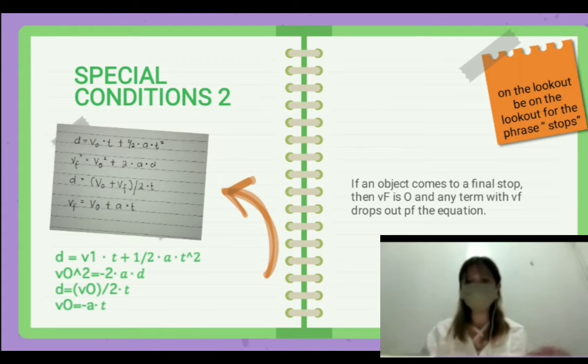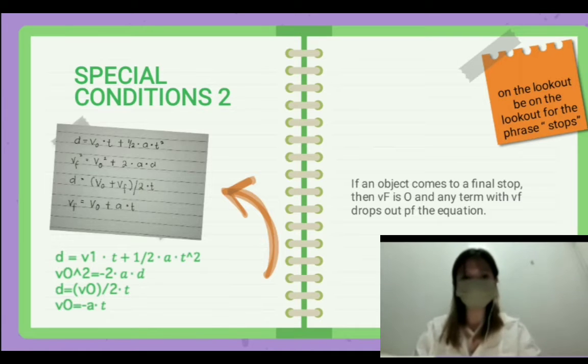Now, if you look at the second equation in particular, it looks quite different than the second equation on the left. What I've done is I've dropped out the vf squared term, and then I swapped the 2ad over to the opposite side such that there is a negative in front of it.